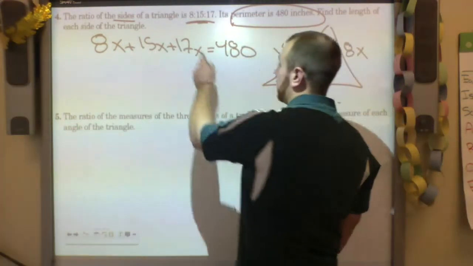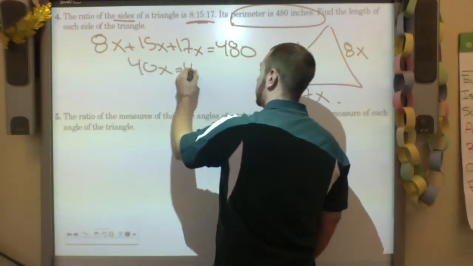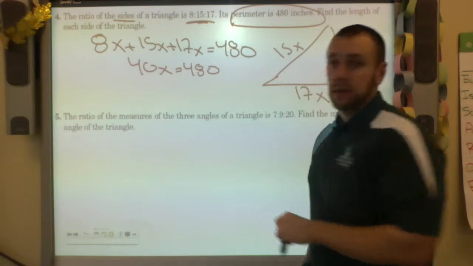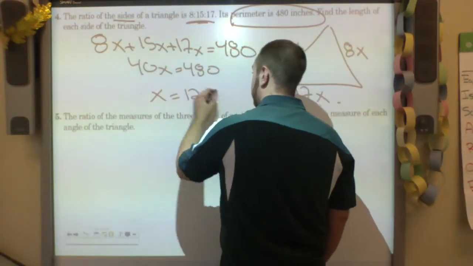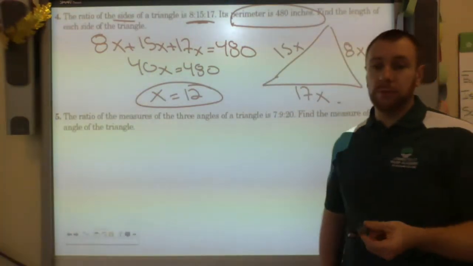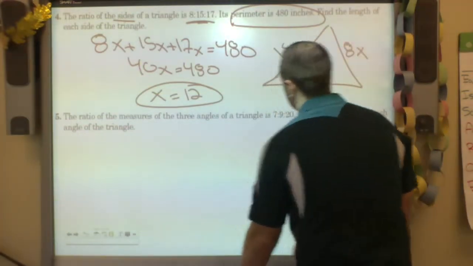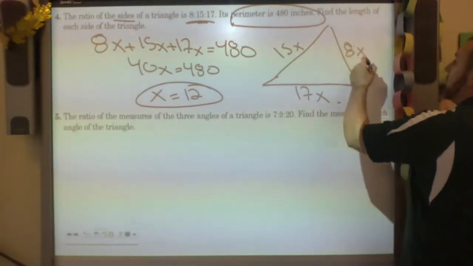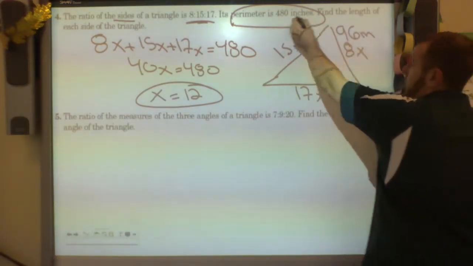Then I add my x's together, which comes to 40x equals 480, and then I divide by 40 and I get 12. So now all I have to do is plug it back in. I plug it back in: 8 times 12, that's 96 inches.